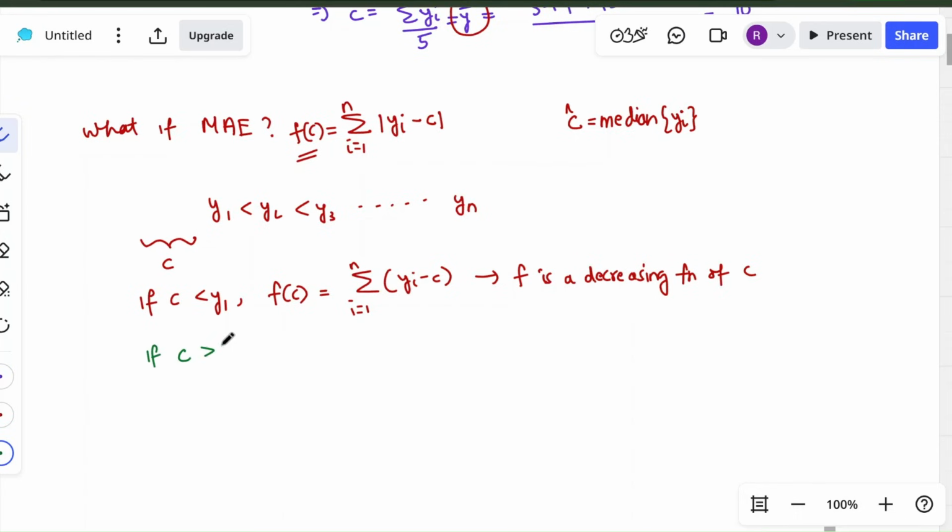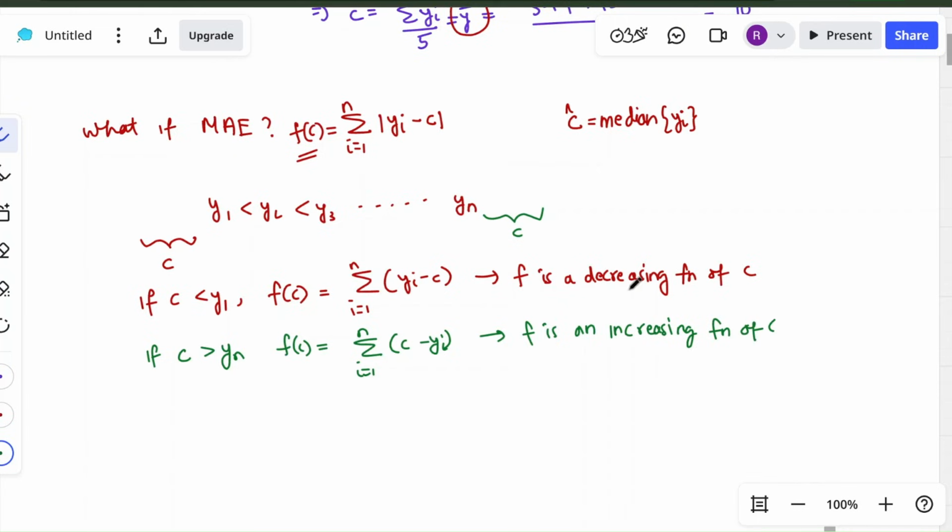What if c is bigger than yn? c is bigger than all of them, somewhere here. In that case, f of c is equal to summation c minus yi, because all of the c's are bigger than yi. And in that case, we can say that f is an increasing function of c.